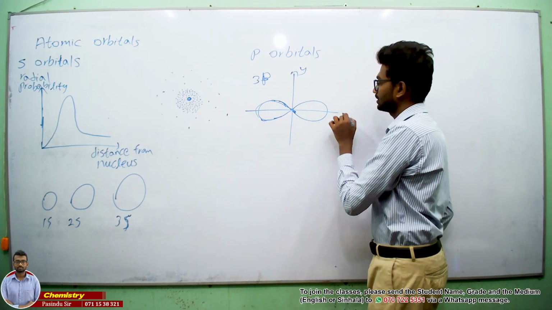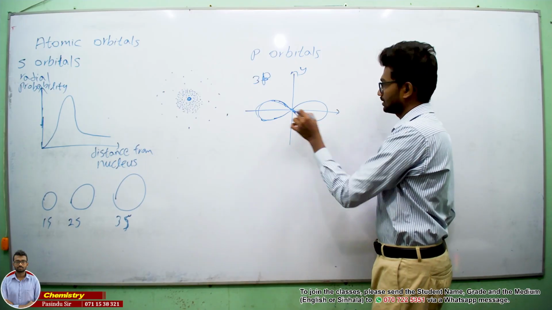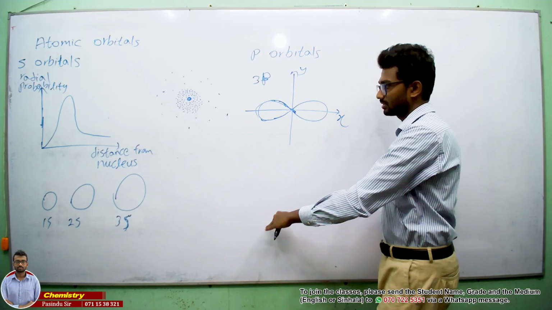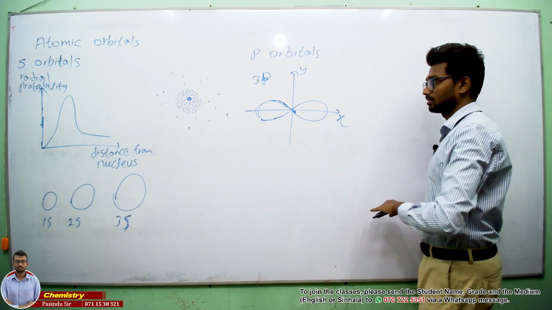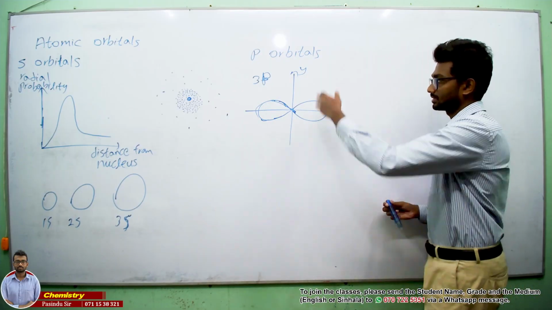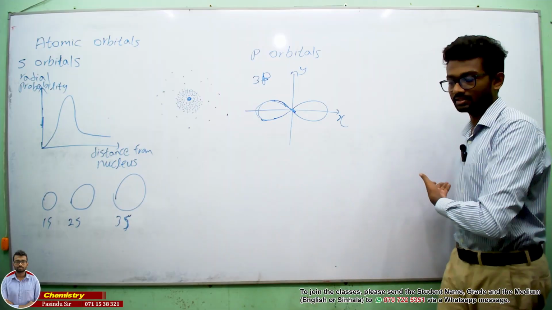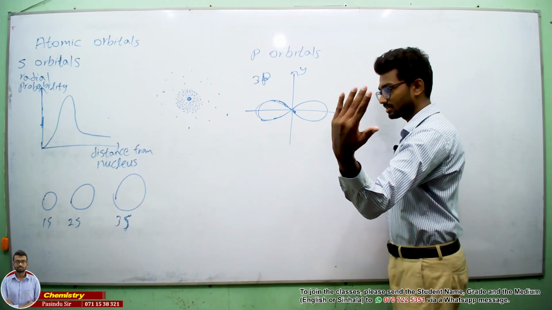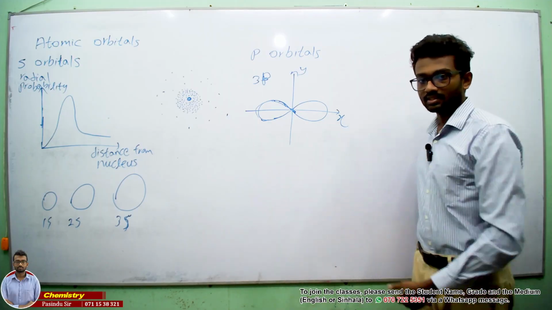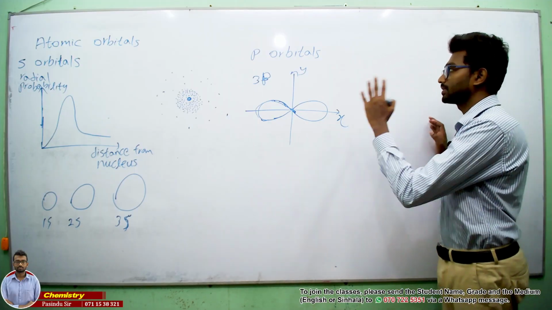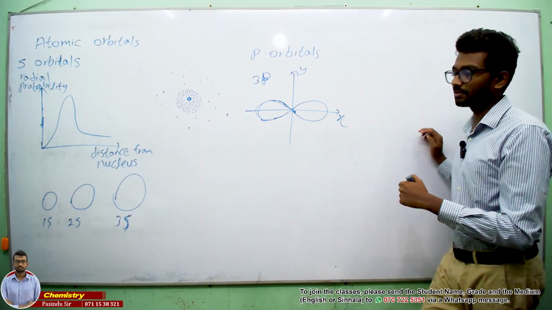This is the y-axis, this is the x-axis. X dimension, y dimension, and then there's another dimension, the third dimension, z. So these p orbitals lie in those three dimensions.